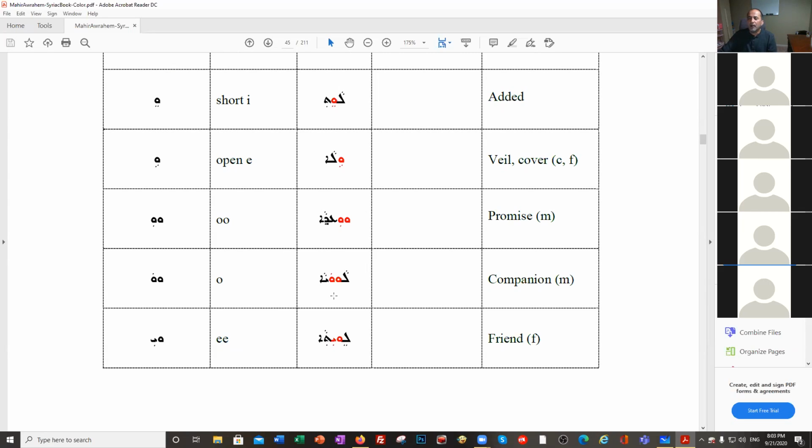Next one, lawiya. And finally with the we, lawitha. Lawitha is a feminine friend.